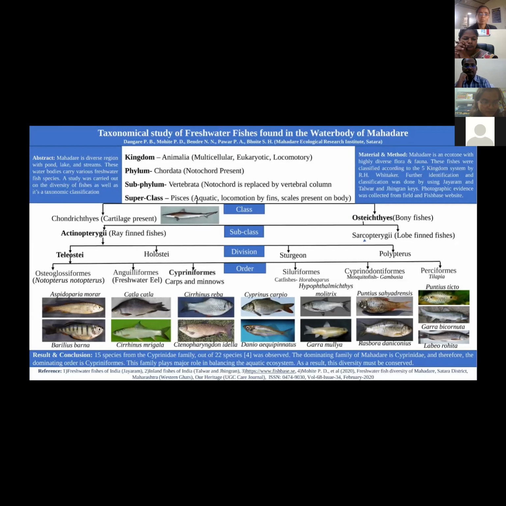Continue. All these photographs are your own? Some photographs are my own, but some we were not able to capture, so we collected them from the internet. How are you going to match your identified specimens and these internet photographs? Sir, I'm not understanding.